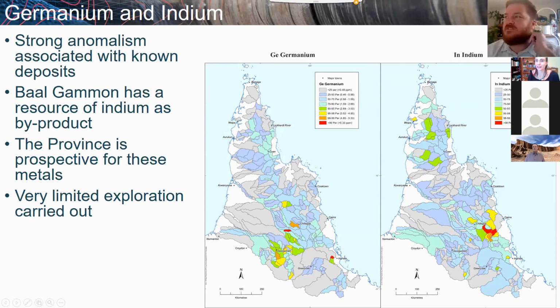Indium has been known to be associated with zinc and tin mineralisation around Mareeba, but the germanium is poorly understood, I guess. So there are questions to be answered from this data set. It's a really, really powerful data set. It's 68 elements, 189 samples, and there are things to be explored in this part of the world.